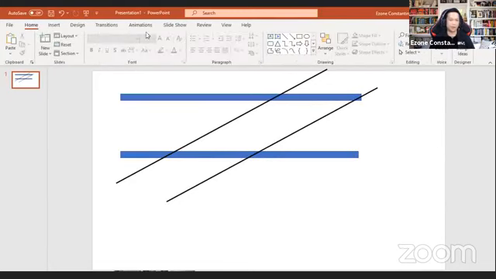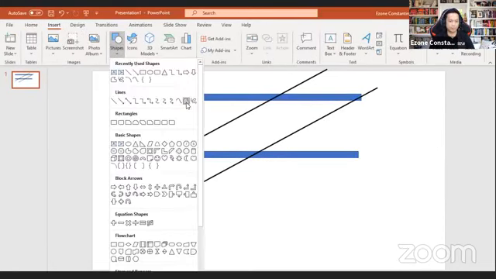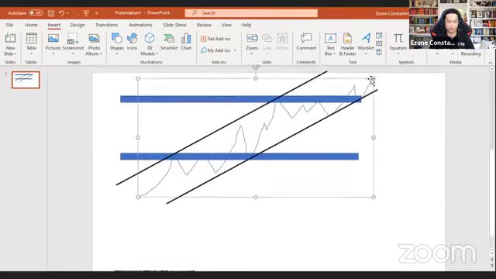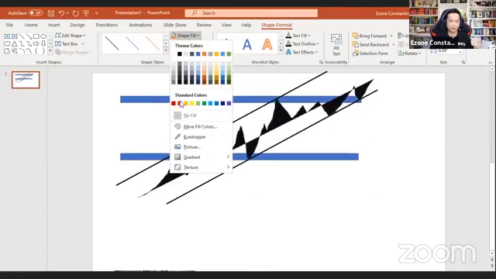Now I would like each of you to see this price movement. Assume that this is the price movement.